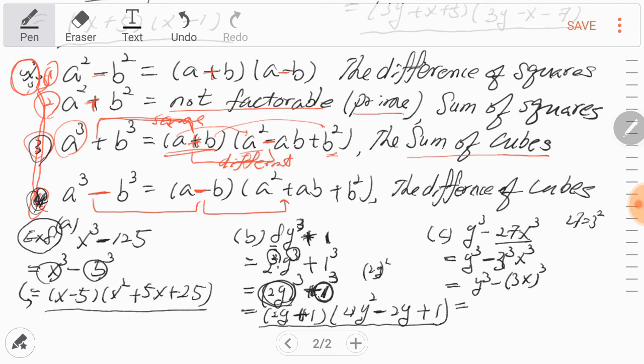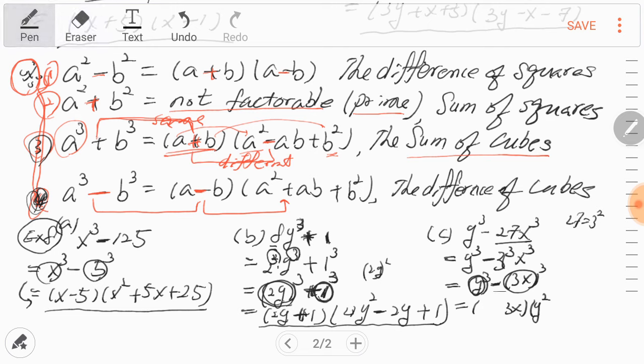Then use the formula. So the first one is y. The second part is 3x. So y plus 3x. Multiply by the first one squared. So y squared. Change the sign. This is minus.